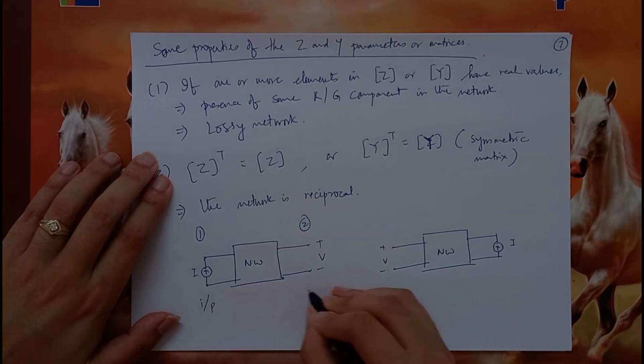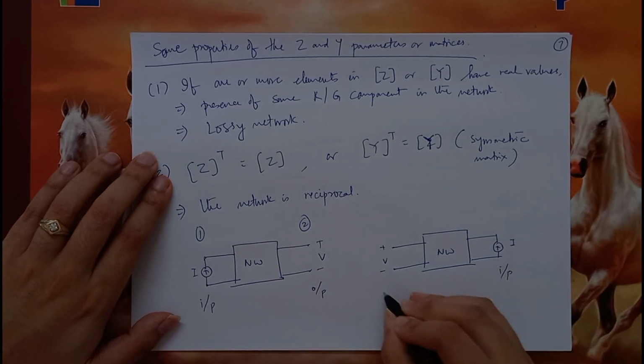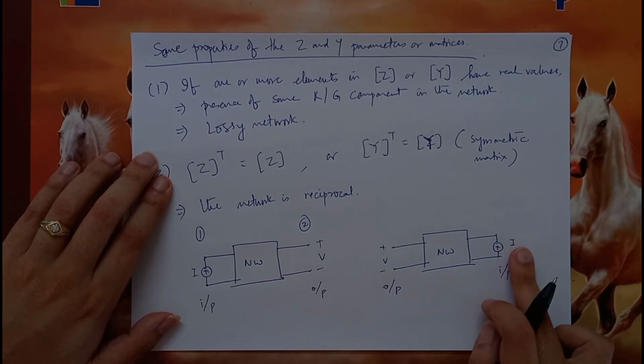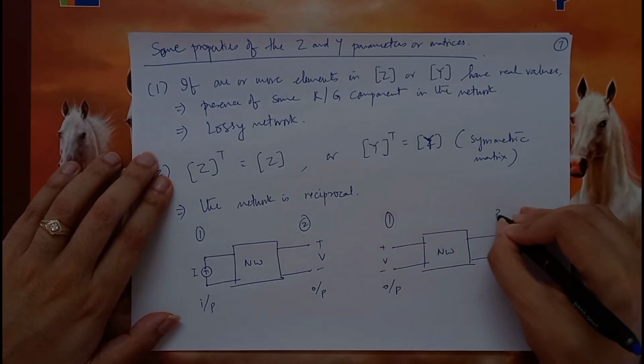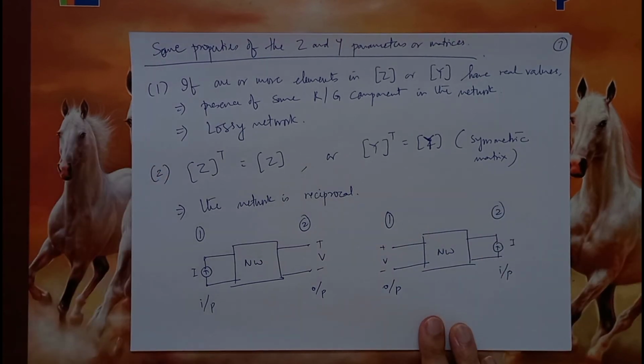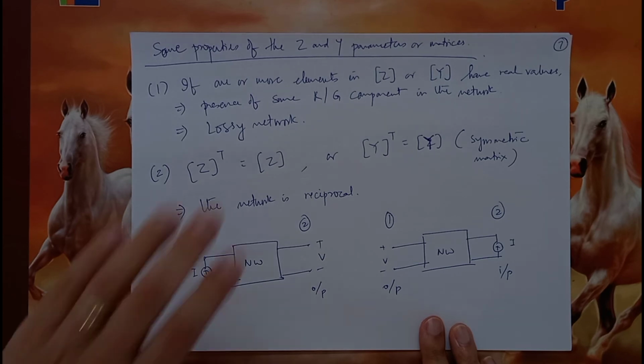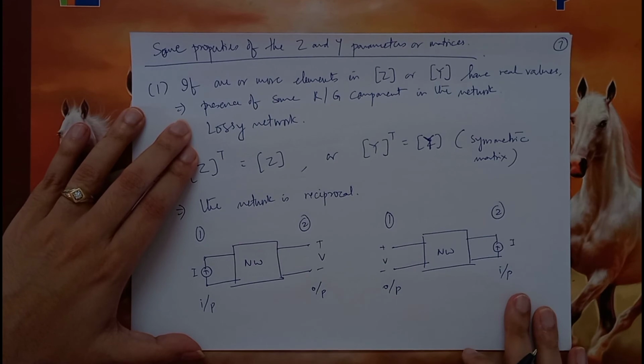So here this is input, this is output; here this is input and this is output. If this same current at port 2 is able to produce the same voltage at port 1 as it did in the previous case, then this is called a reciprocal network. And that is very, very important. In some sense, it means it's a bidirectional network and it can work in the exact same way. Most passive networks are indeed reciprocal, or rather, reciprocity is easy to find in passive networks.